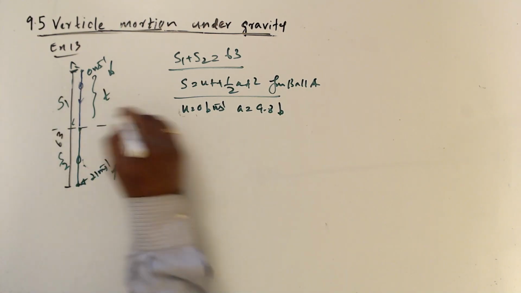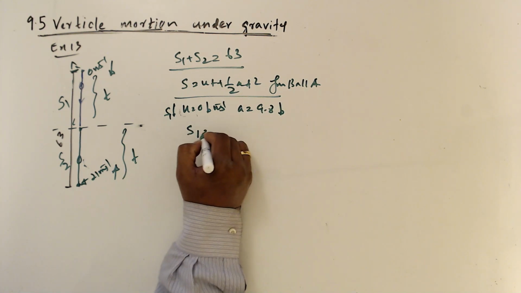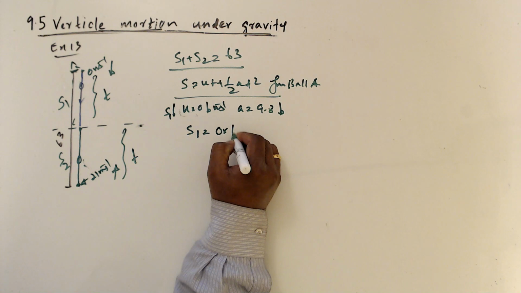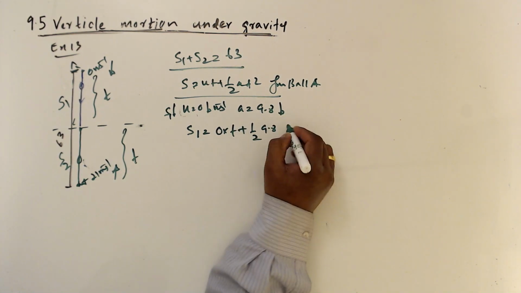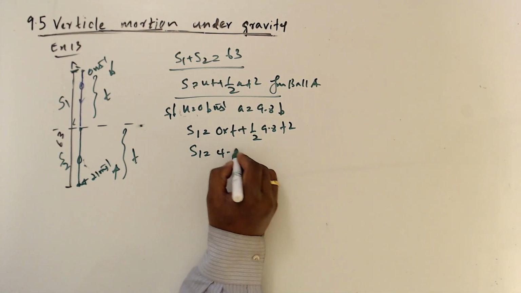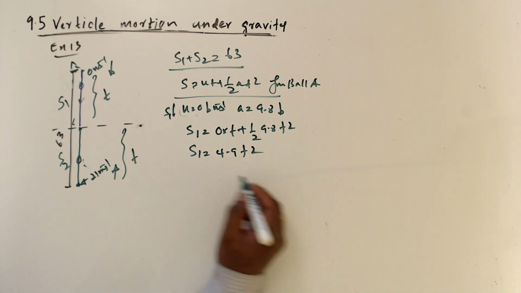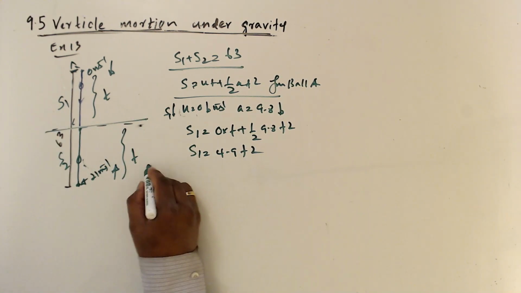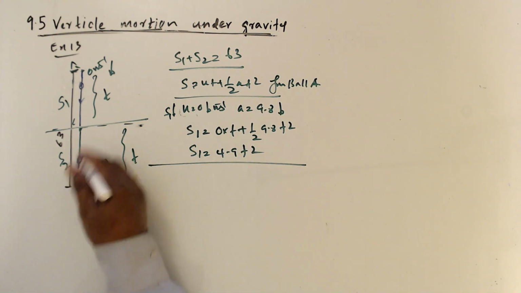So this distance is S1. S1 equals U, which is 0, times t plus half times 9.8 times t square. So S1 equals 4.9t square. At the same time, B is projected upwards.